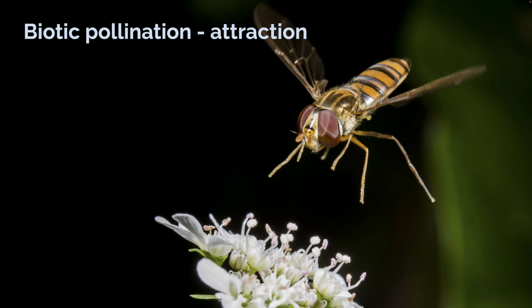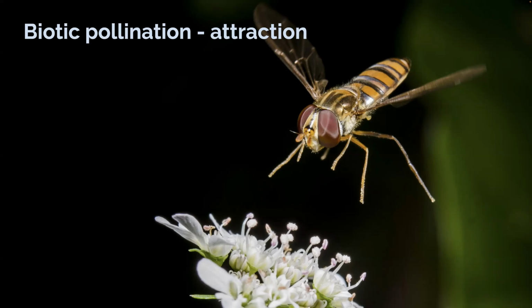Scent chemicals are produced by flowers. This is why some flowers smell quite nice to us. People like flowers for their smell. So visual, scent, other attraction cues potentially as well. Some plants have vibrational cues or things like that. But scent and visual cues are probably the two big ones.